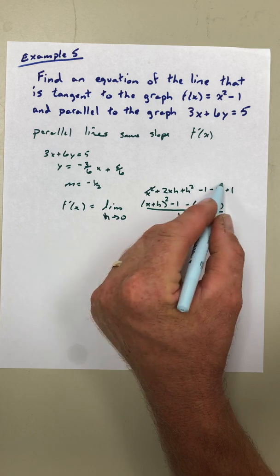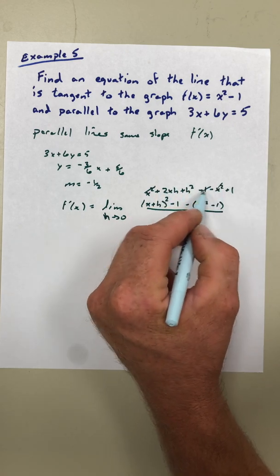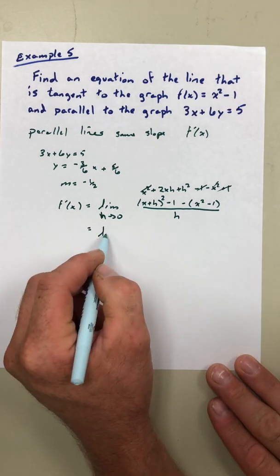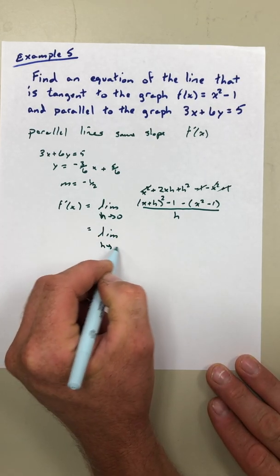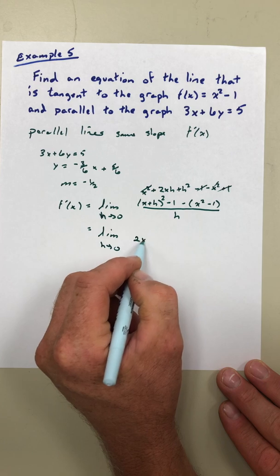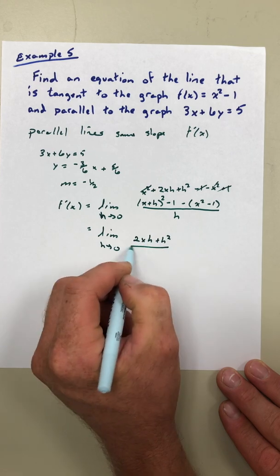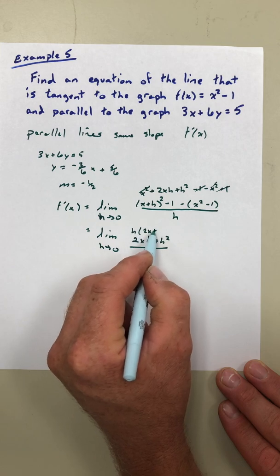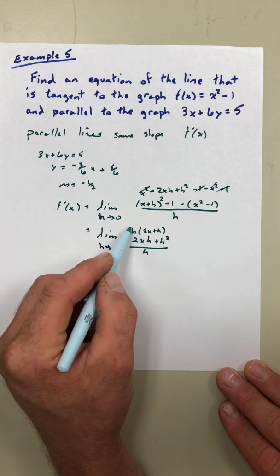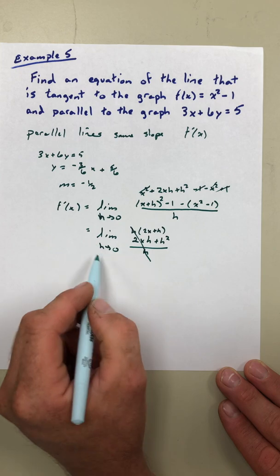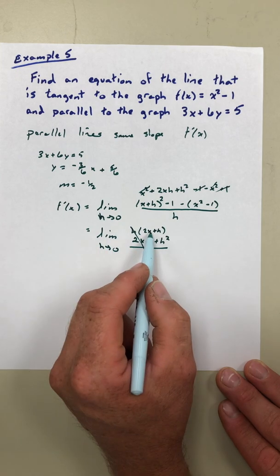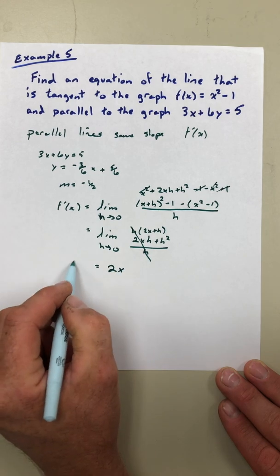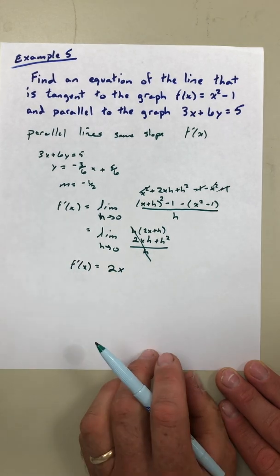So my x squareds will cancel, my negative 1 and positive 1 will cancel. So I'm left with the limit as h approaches 0 of 2xh plus h squared over h. I can go ahead and factor out my h, so I get 2x plus h. My h's will cancel. So I'm looking at the limit as h goes to 0 of 2x plus h. Well, that gives me 2x, and that's my f prime.